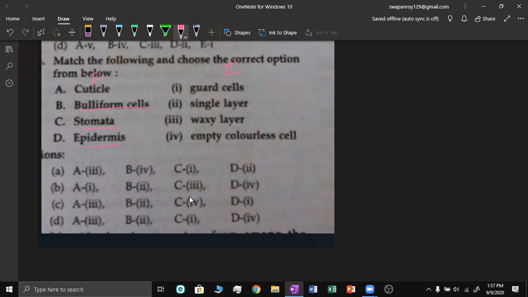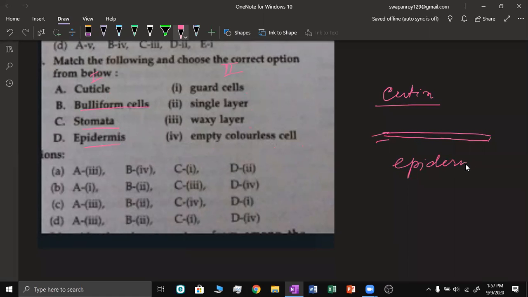See here, cuticle is made of a chemical known as cutin. This is usually formed on the outer surface of all the aerial parts of the plant: on the leaf surface, on the stem surface, on fruit surface, on flower surface, wherever the epidermis is there.